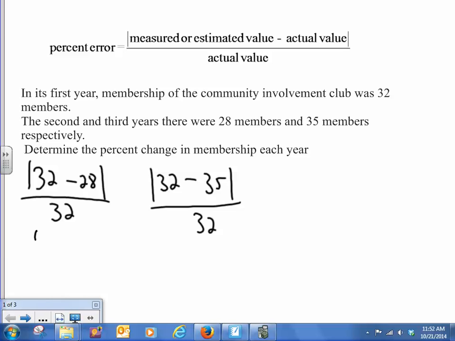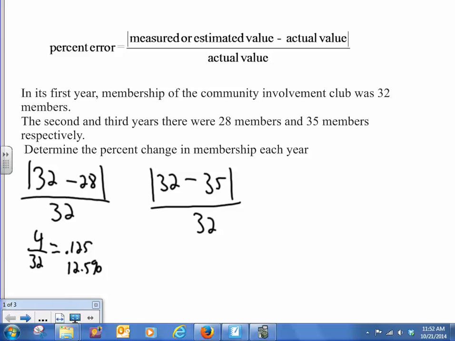So now you've got 4 divided by 32. So you go ahead and divide that by 32, and you get 0.125. So 0.125 as a decimal is a 12.5% change. You went from 32 to 28, so it's a 12.5% decrease.